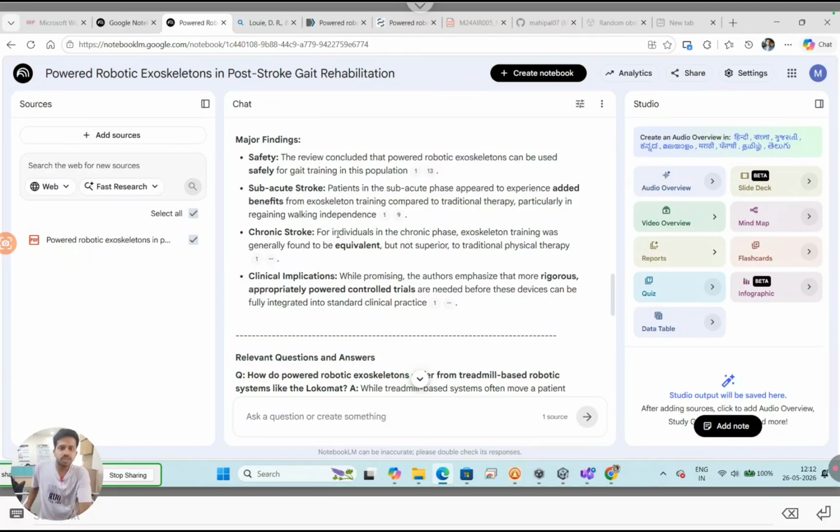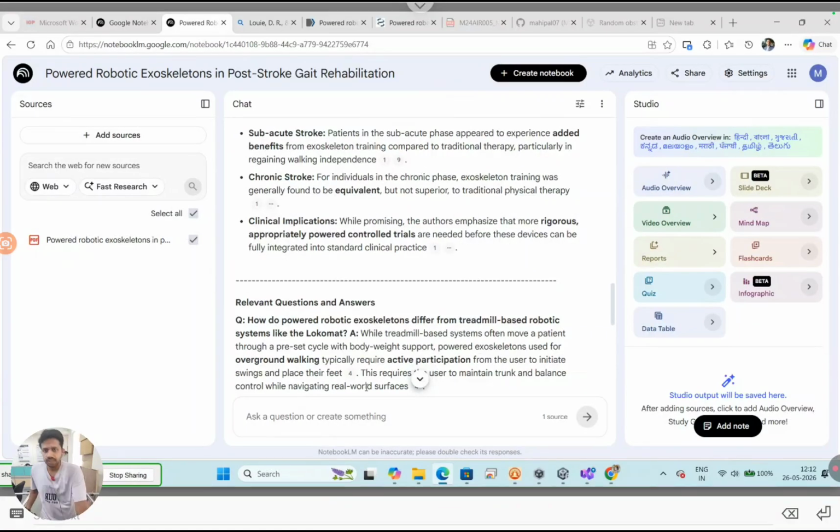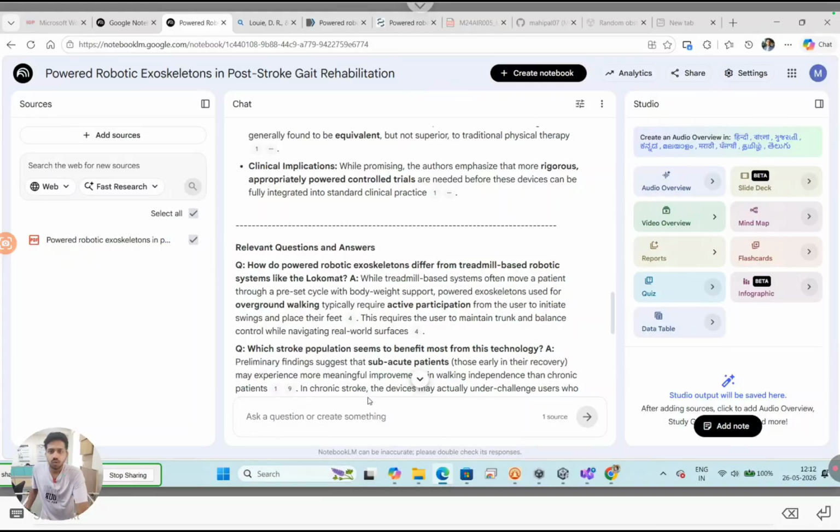For individuals in the chronic phase, exoskeleton training was generally found to be equivalent but not superior to traditional physical therapy. Okay, fine. Clinical implication. While promising, the authors emphasize that more rigorous, appropriately powered controlled trials are needed before these devices can be fully integrated into standard clinical practice. This is what they are doing.